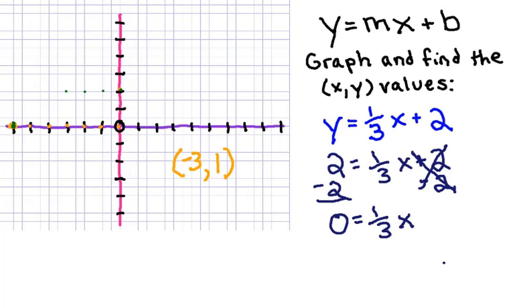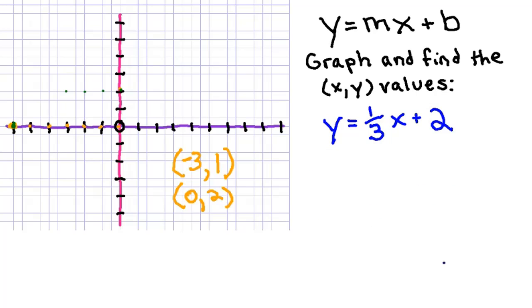So if we want to get rid of that 1/3, we multiply by 3 on both sides. 3 times 0 is 0. So we get 0 equals x. So when y is 2, x is 0. So we're going to write that down. Here x is 0, 2.